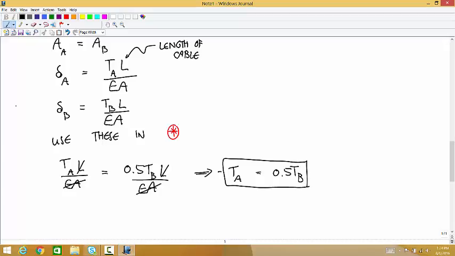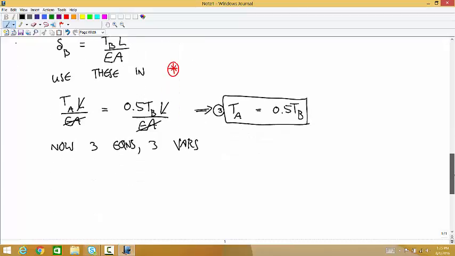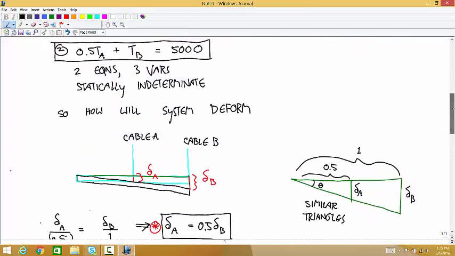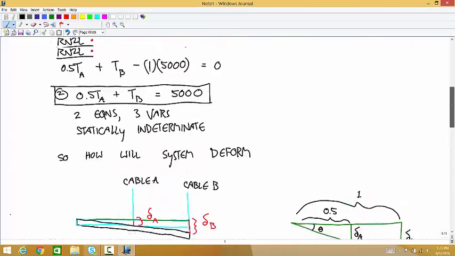And this, we'll use as our third equation for our system of 3 variables. So for example, we can just plug these in here.